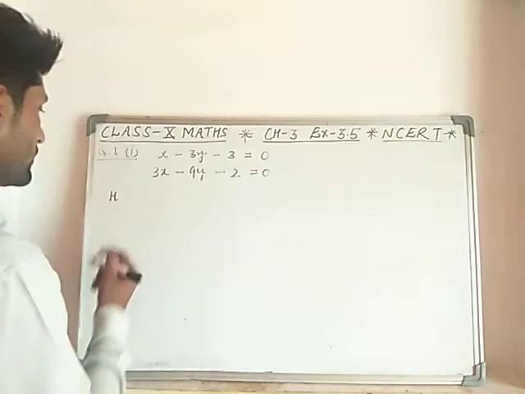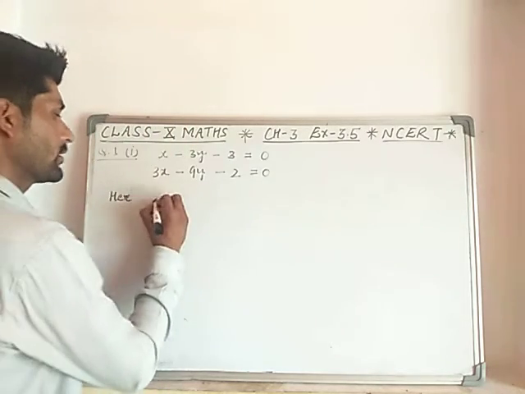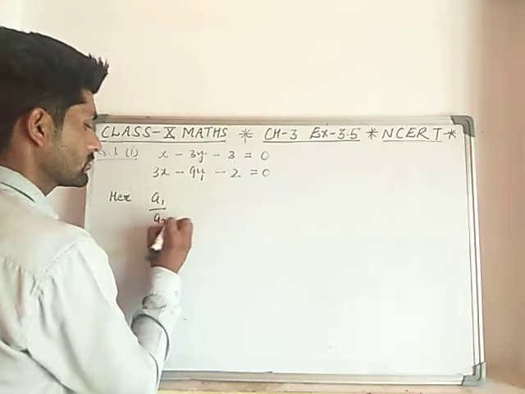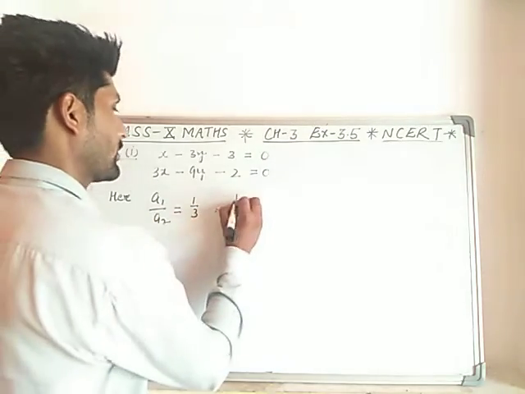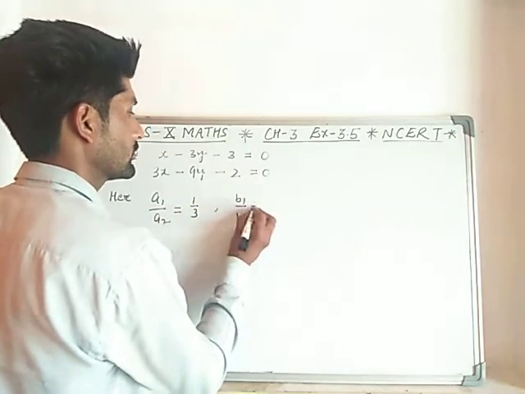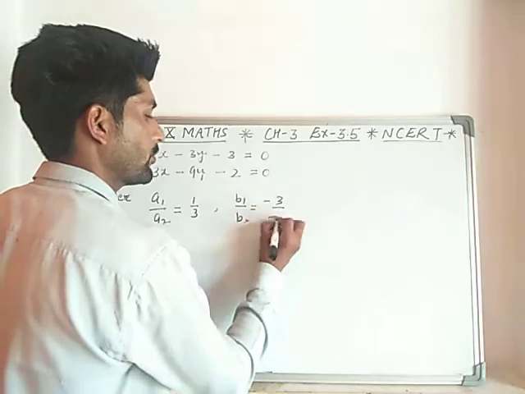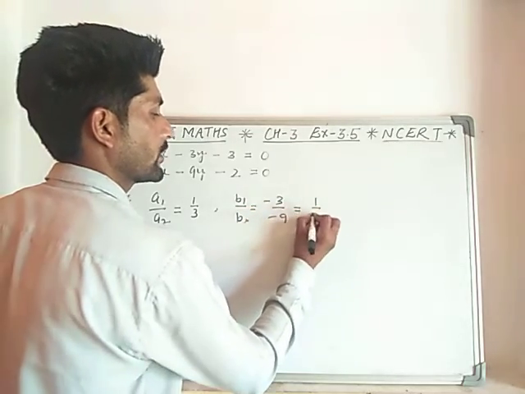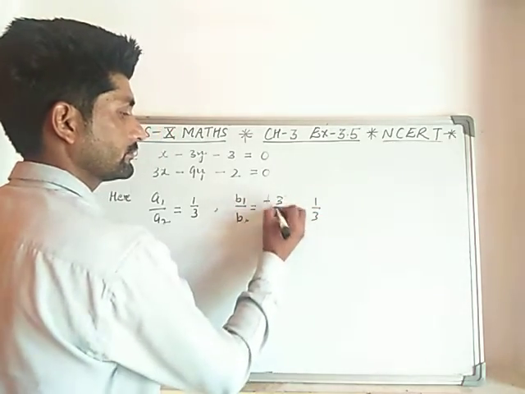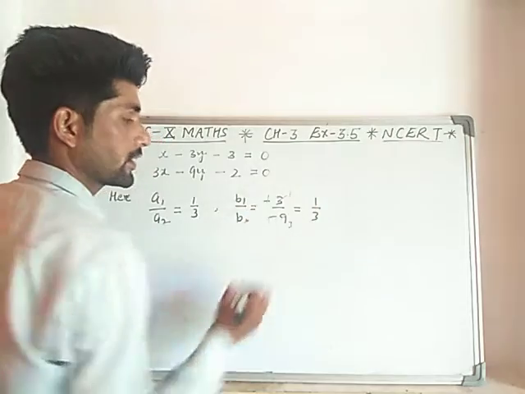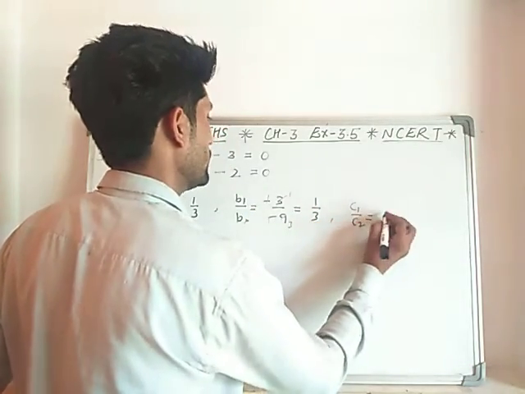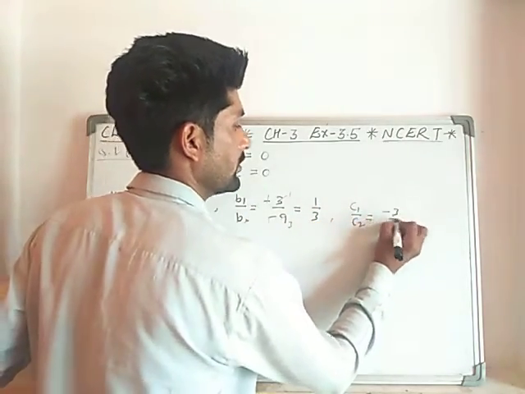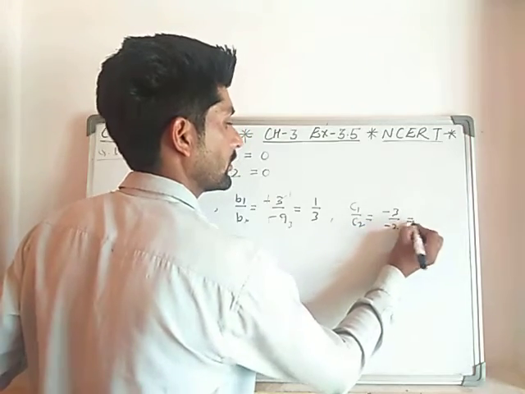First of all, a1 upon a2 is equal to 1 upon 3, b1 upon b2 is equal to minus 3 upon minus 9, which is equal to 1 upon 3, the minus will cancel here, and c1 upon c2 is equal to minus 3 upon minus 2, which is equal to 3 upon 2.